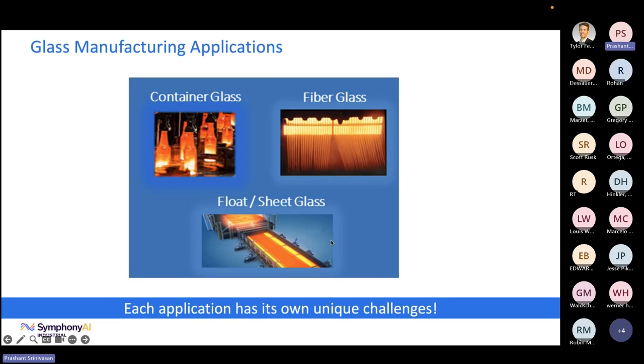And finally, in float glass or sheet glass, for example, in the LCD panel manufacturing, the customers are very sensitive to small defects like bubbles in the glass. So there's often very stringent quality requirements here, and the need to maintain a very uniform surface with a low variation in the thickness and also the strain.